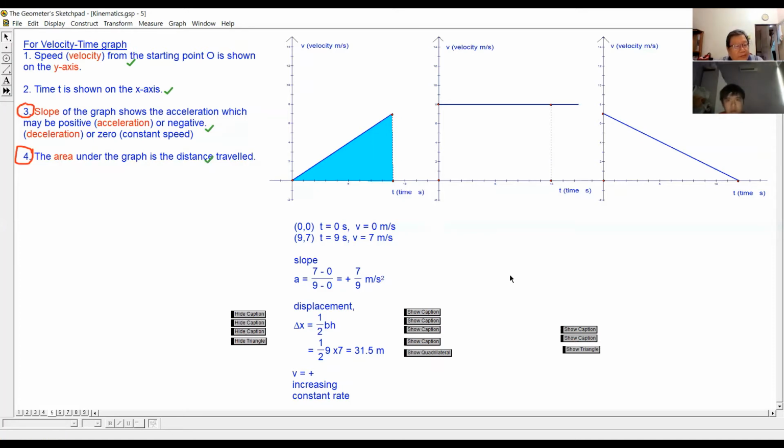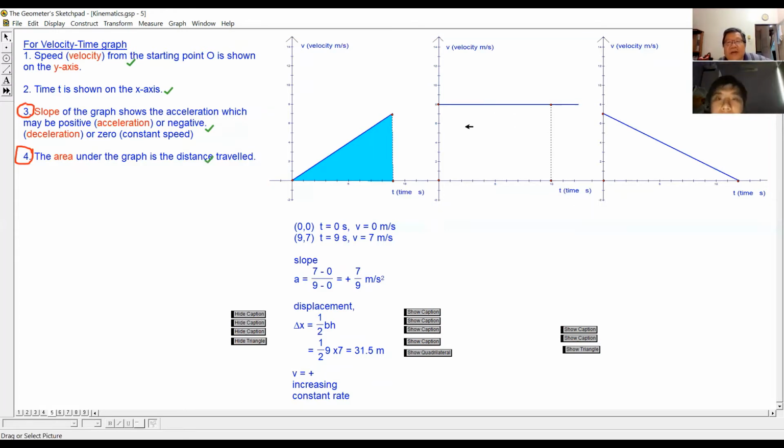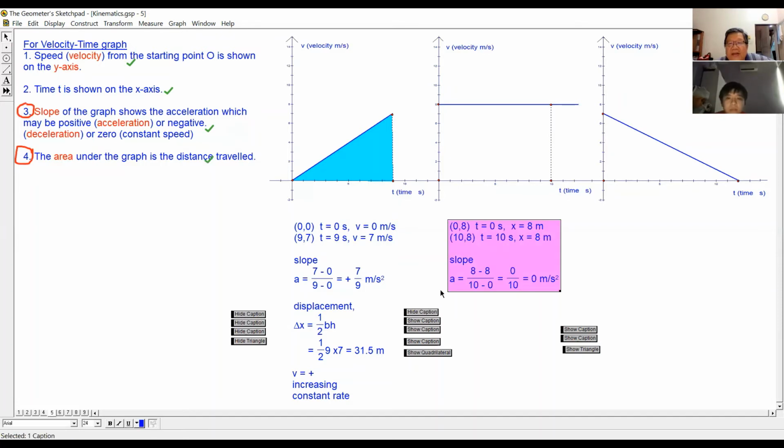Okay, so we go on to the second type of graph here, the center one. The center one is a horizontal straight line, and I have identified two points on the graph. The first point is 0, 8.